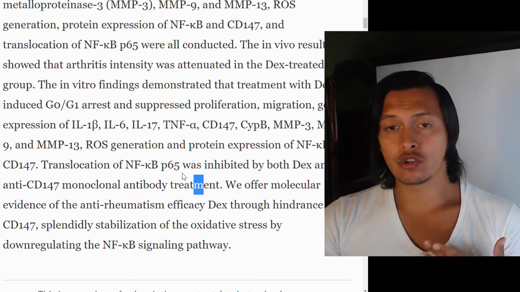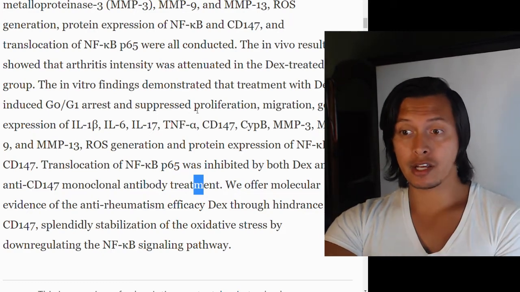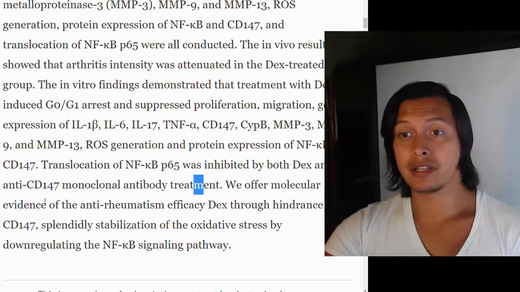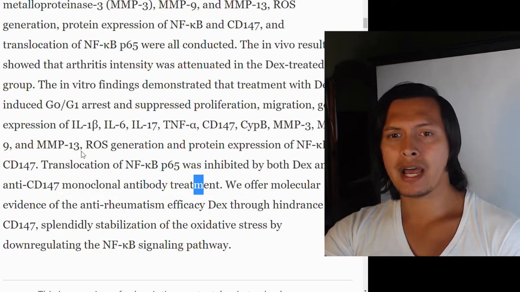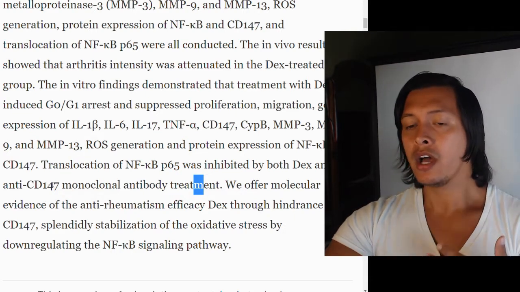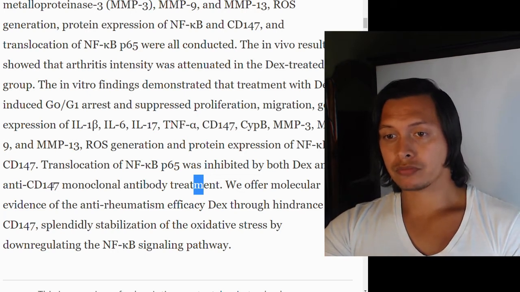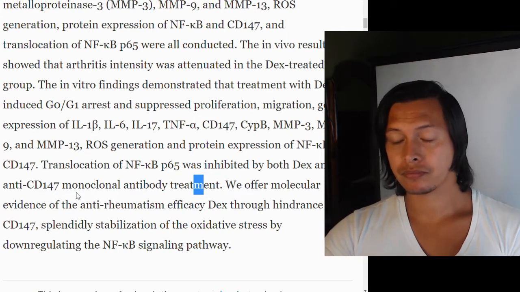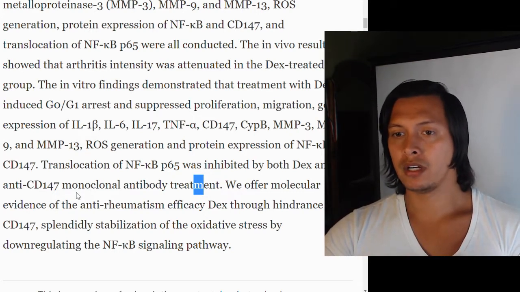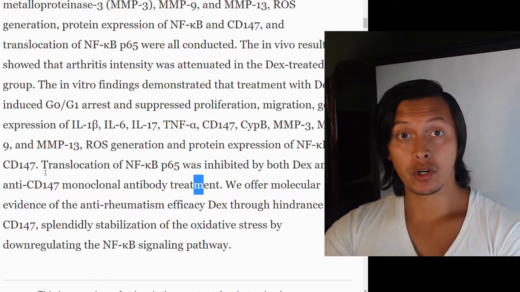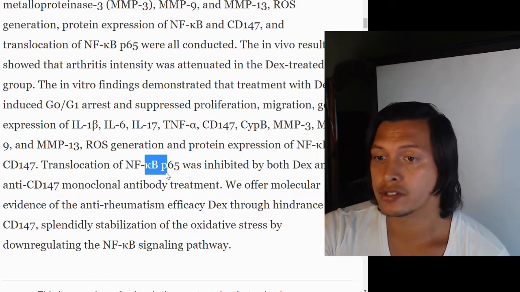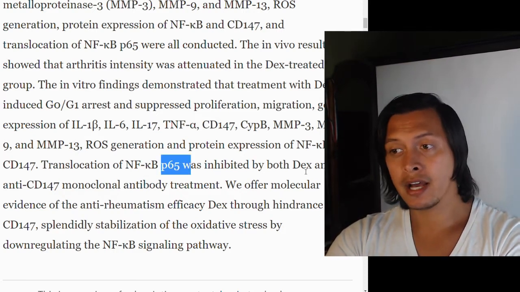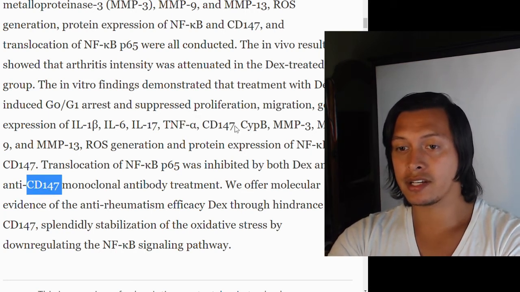Here, since they tried this with the monoclonal antibodies against CD147 as well, and that very well could have been that mezuclamab or whatever that pharmaceutical was, there seems to be an effect that is similar to dexamethasone. And granted, the nuclear factor Kappa B P65 was inhibited by both dexamethasone and the anti-CD147.